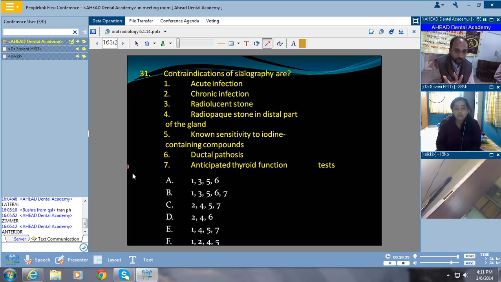Obviously not, isn't it? And how is iodine related to thyroid function tests? Thyroid function tests generally depend on iodine, so the results of a thyroid function test would be altered by the presence of iodine. So acute infection is contraindicated, known sensitivity is contraindicated, and even thyroid function tests are contraindicated. What about the other remaining 4 choices?